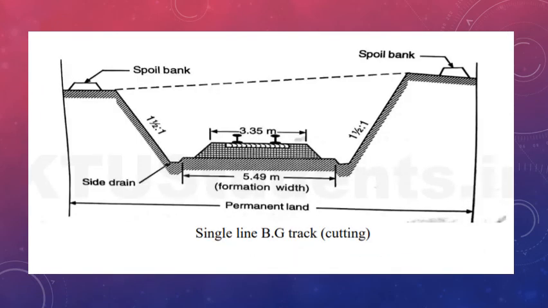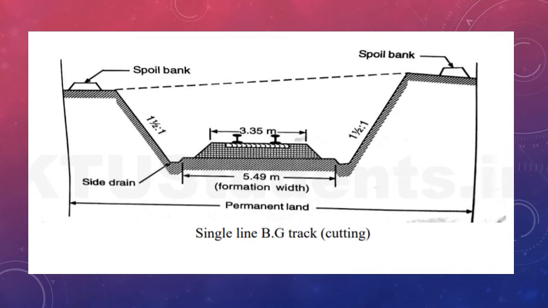And this is a typical cross section of a single line broad gauge track in a cutting. Cutting means it will be in an excavation. So there will be two lines and two rails. Below that there will be a sleeper and a ballast, which is then placed over strong soil.